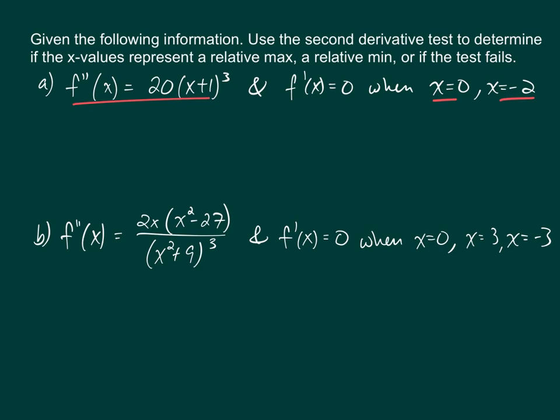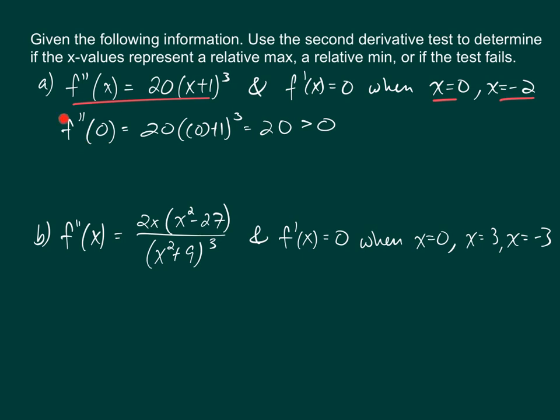Why does that happen? Well, when we substitute these numbers in for x in the second derivative, so let's just say second derivative of 0 is 20 times (0 plus 1) cubed. Following the order of operations, 0 plus 1 is 1, 1 cubed is 1, times 20 is 20. Okay, great. We got something that's positive, and that's important. This is bigger than 0.